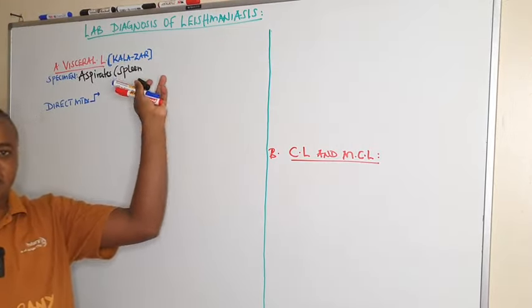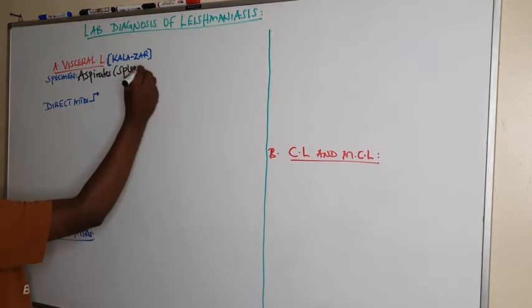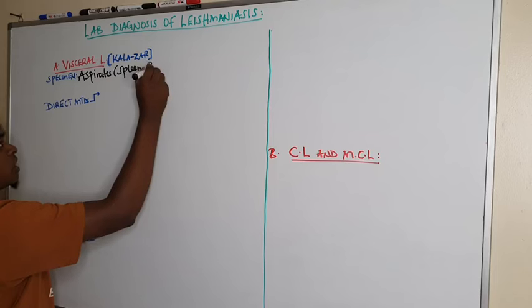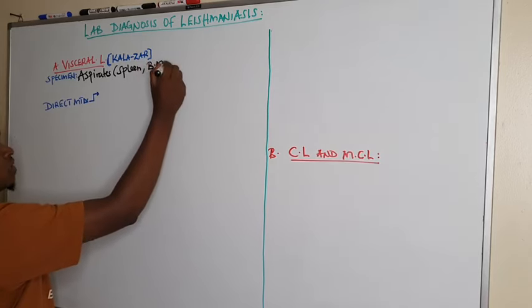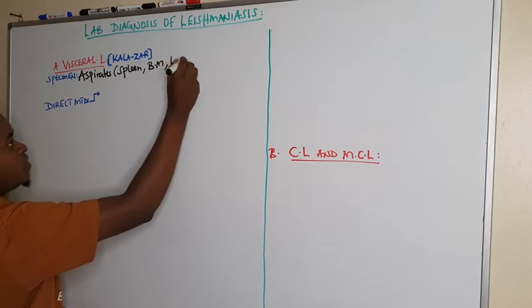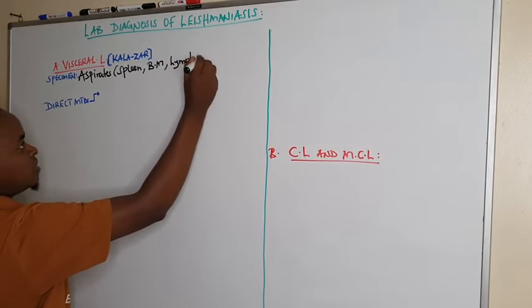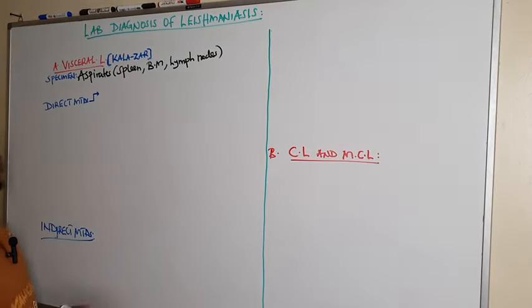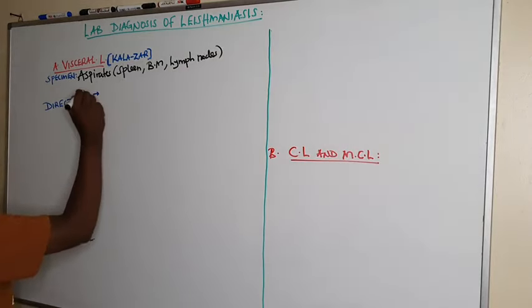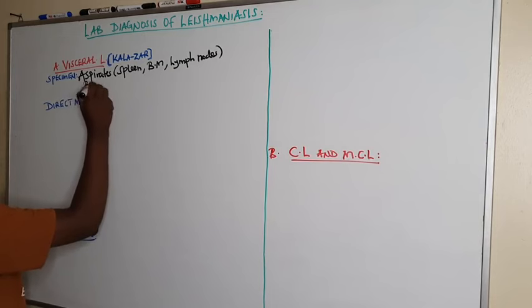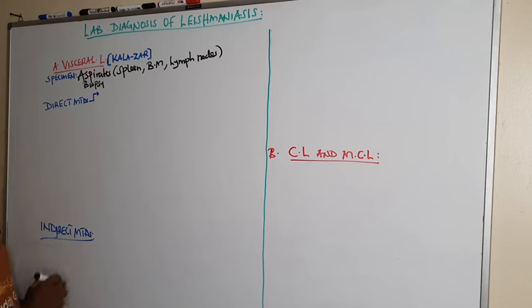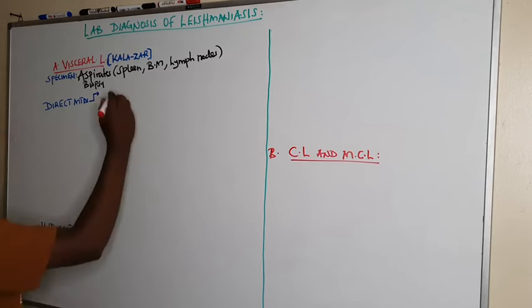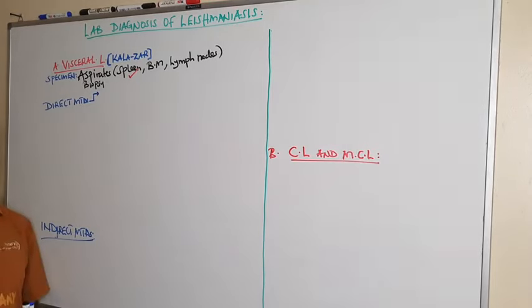It is highly sensitive, so it is preferred. But if you cannot do spleen, you can look at bone marrow and, to a lesser extent, the swollen lymph nodes. Here you can obtain aspirates. Sometimes we can also cut a biopsy from these organs, like a liver biopsy. But as I have said, spleen aspirate remains the specimen of choice.